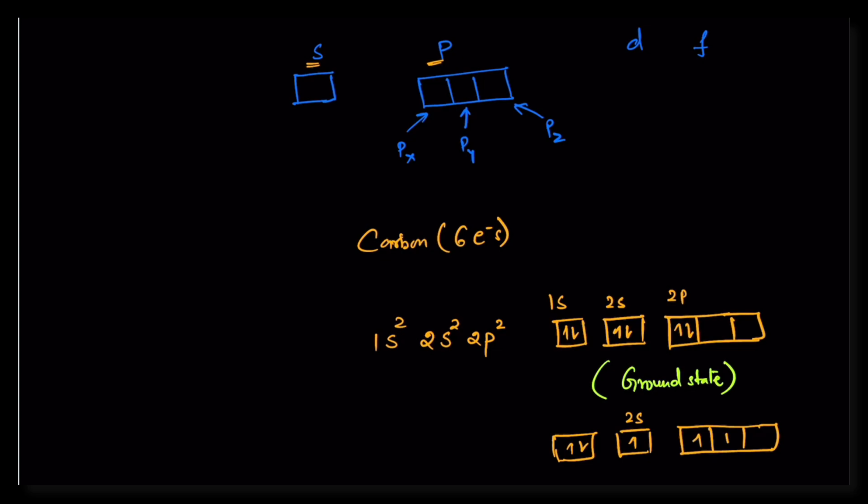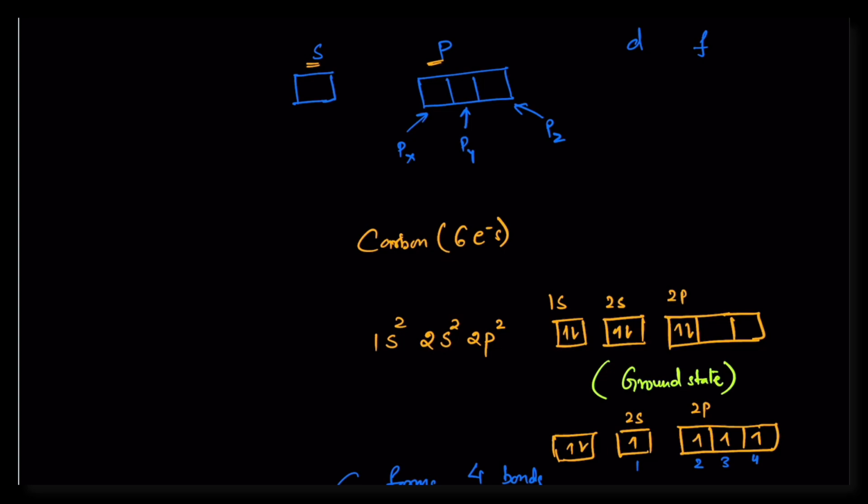So what we have is this representation. Now you can see that there are 4 places where electrons are unpaired: 1, 2, 3, 4, and therefore carbon forms 4 bonds. This is what the orbital theory explains.